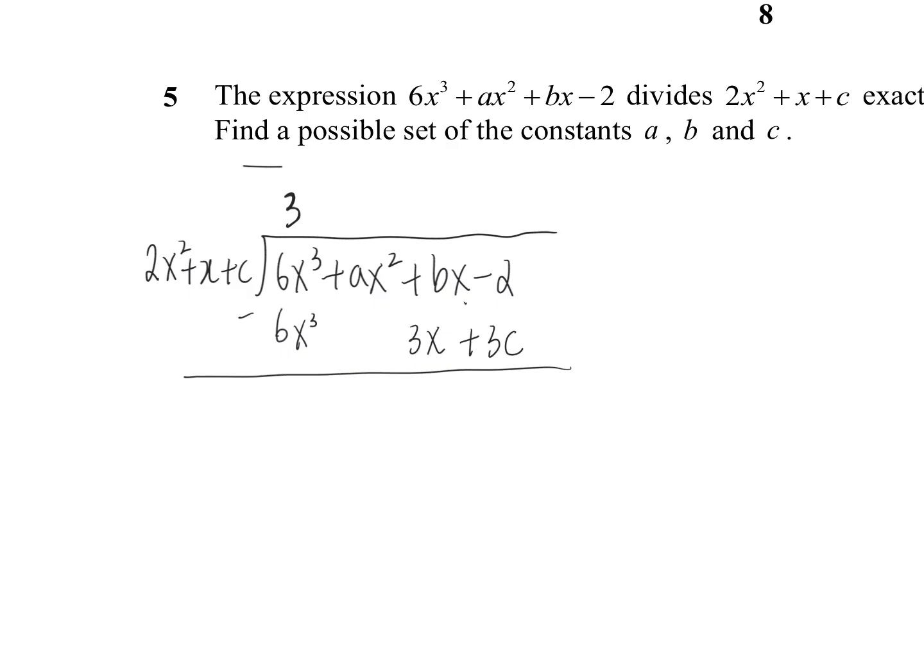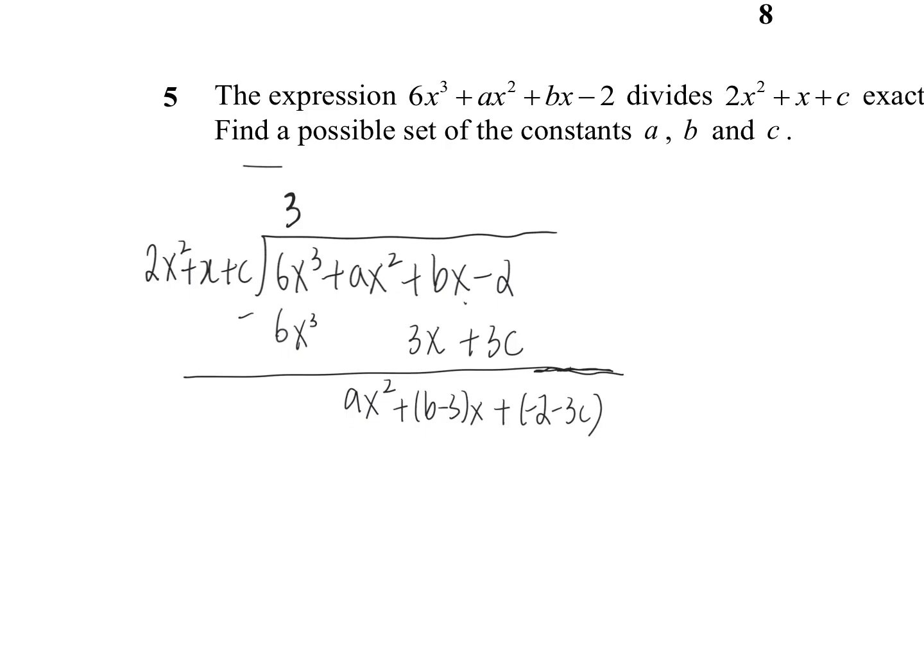So this one is gone. Then the ax square I bring down. This will be b minus 3x, and then this would be negative 2 minus 3c. Looks complex enough.